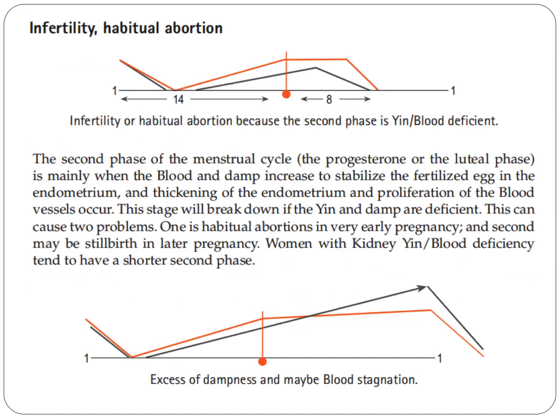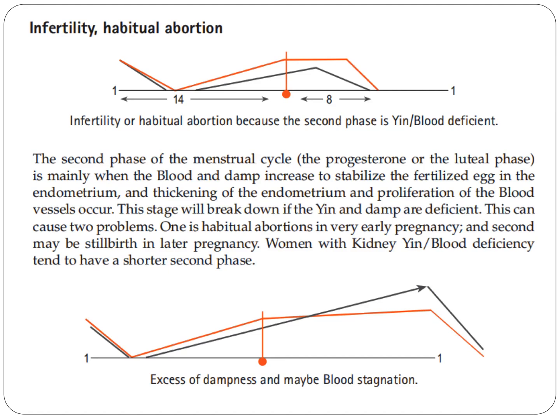Infertility, habitual abortion. It is illustrated here how infertility or habitual abortion can occur because the second phase is yin blood deficient.